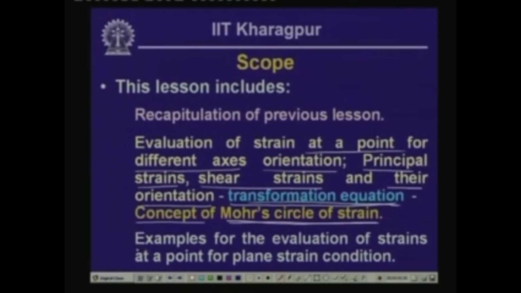And then we will look into some examples for the evaluation of strains at a point for plane strain condition. That means, if we know epsilon x, epsilon y, gamma xy, then how to compute strain at a point if we have different axis orientation, and how to compute the principal strains, the shear strain and their orientations with respect to the rectangular axis system.